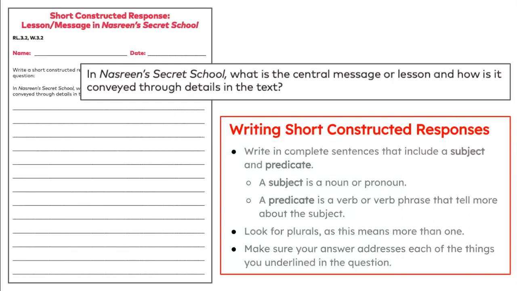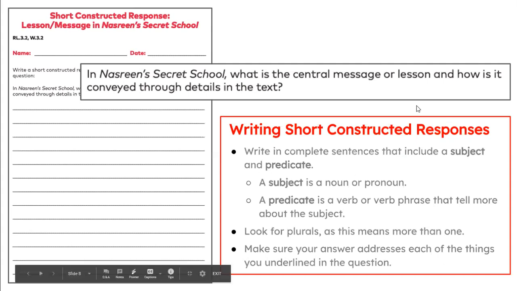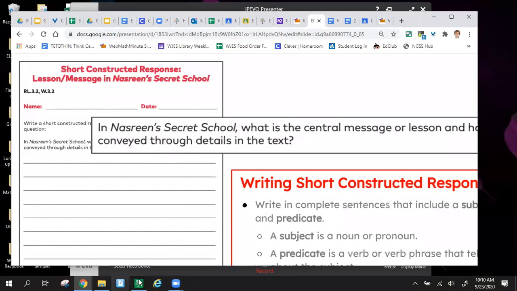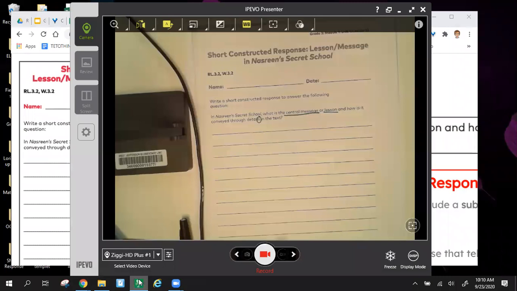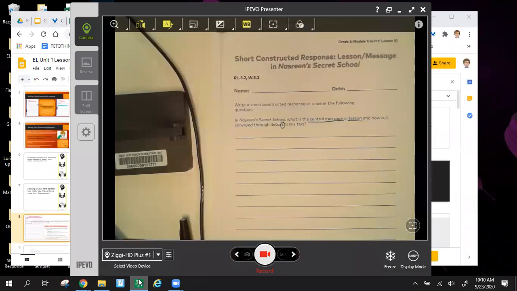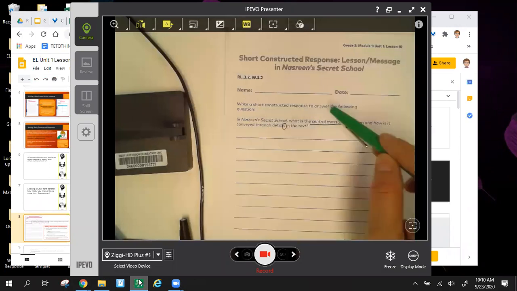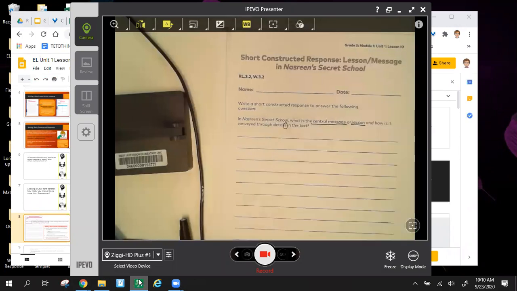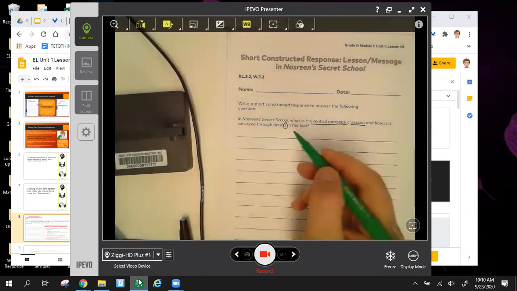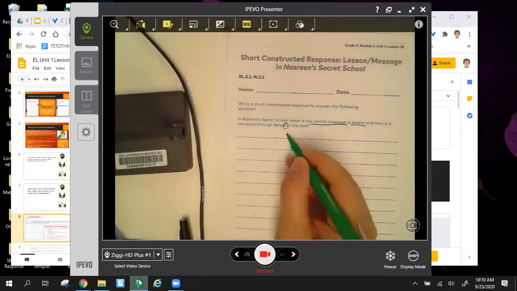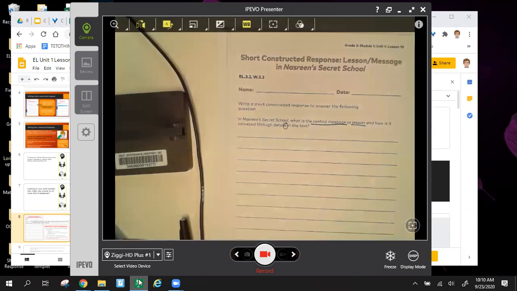Okay. So if you look exactly at what the question asks, I'm going to show again what we did on our paper here. On page 19 is what we're going to be working on. It says, in Library Secret School, what is the central message or lesson? We also called it the moral. And how is it conveyed through details in the text? And we circled the S because we need more than one detail.